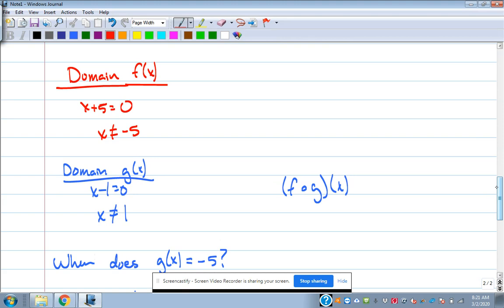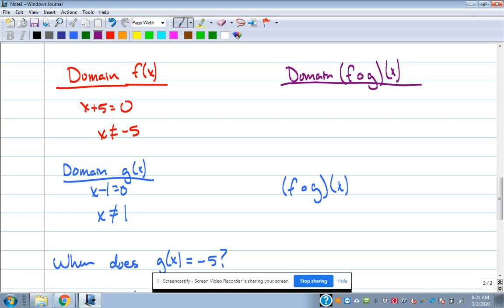So on the domain of the composite function, f composed with g of x, on that domain, we get two different restrictions. We get the restriction on g of x. It's automatic because that's the first x that we're using, right?